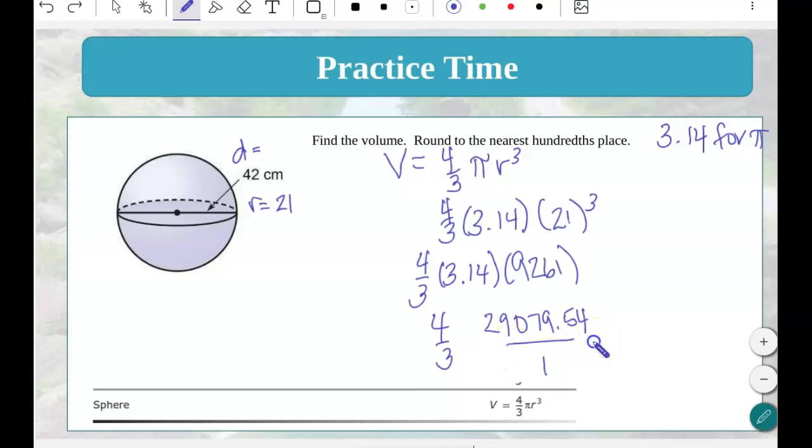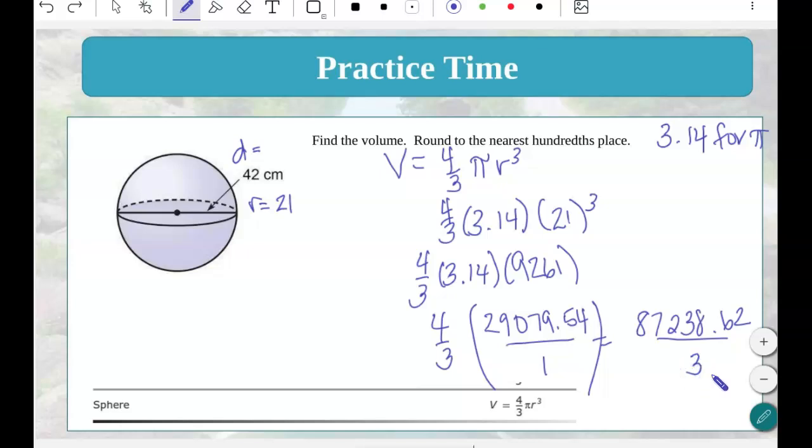Put a 1 underneath that, multiply by 4, divide by 3. We can put this in parentheses to show multiplication there. So go ahead and multiply straight across. We take our answer and multiply by 3. It's 87,238.62, and then we divide by 3.